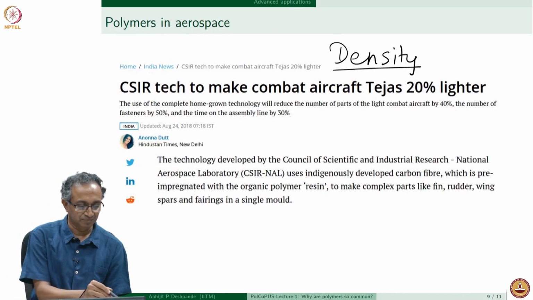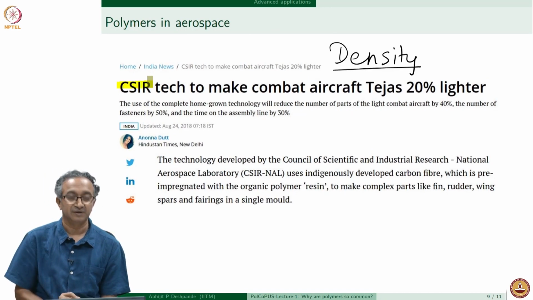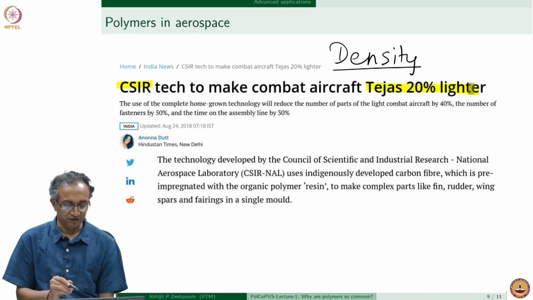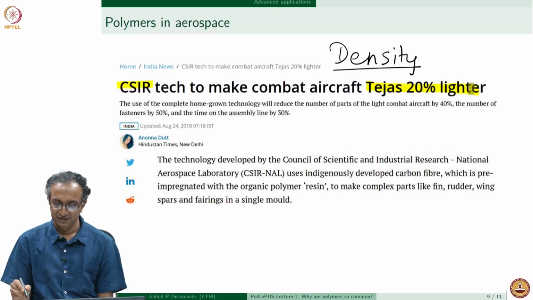And this story, for example, is from our own CSIR, Council of Scientific and Industrial Research, which talks about a fighter jet that is being indigenously developed. And in fact, the idea is to make it even lighter, because once you make it lighter, you have to carry less fuel and it becomes even more efficient. And of course, this can only be done because we can reduce the number of parts.